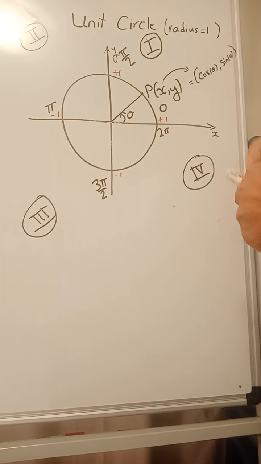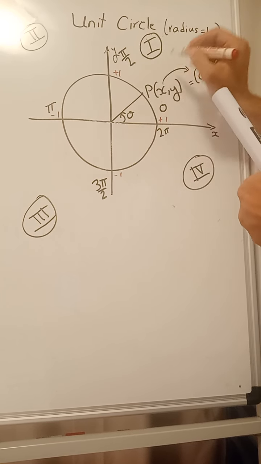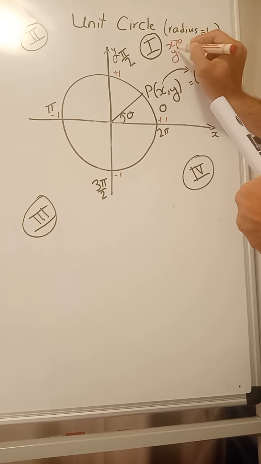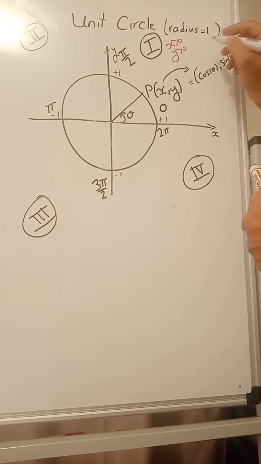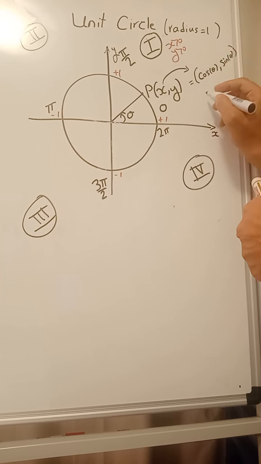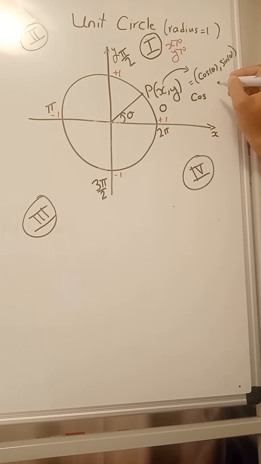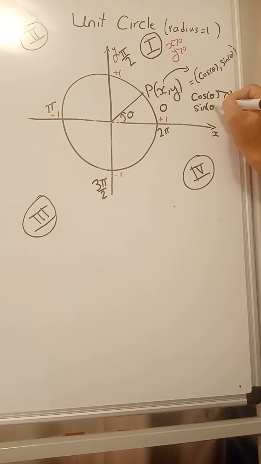So as we said, in the first quadrant x is positive and y is positive. That means cosine theta is positive and sine of theta is positive.